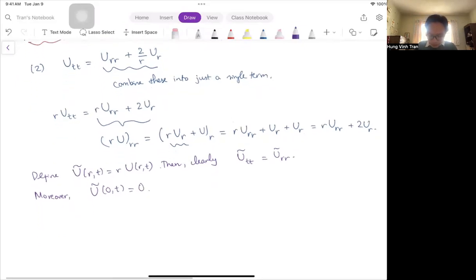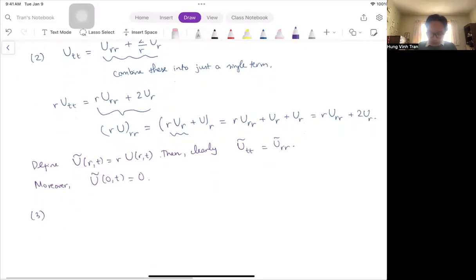So now let me put everything together. I have the equation 3 that u tilde satisfies.